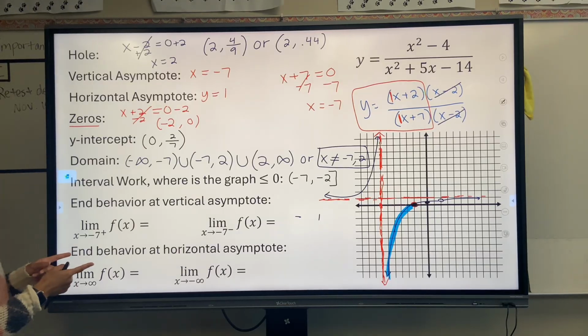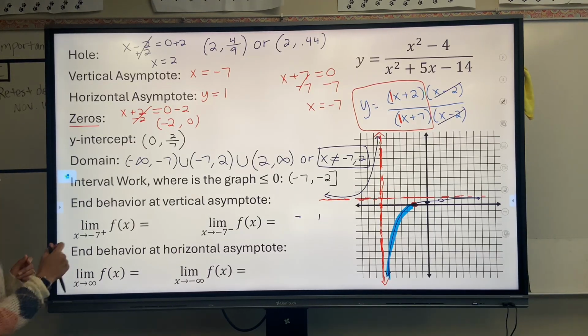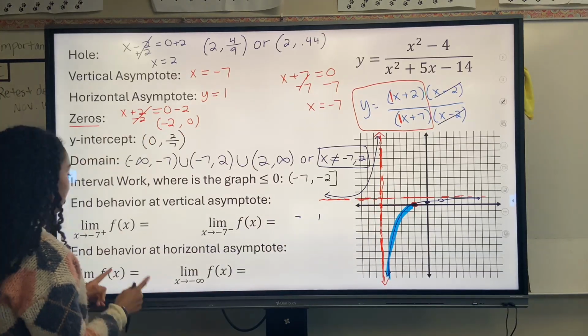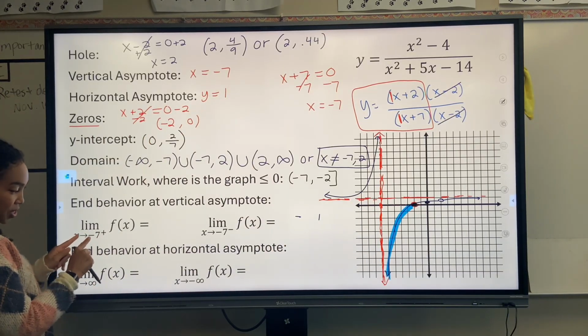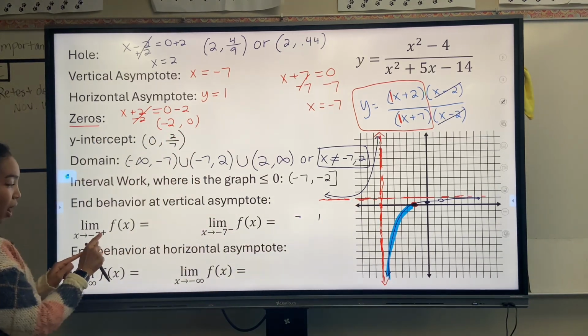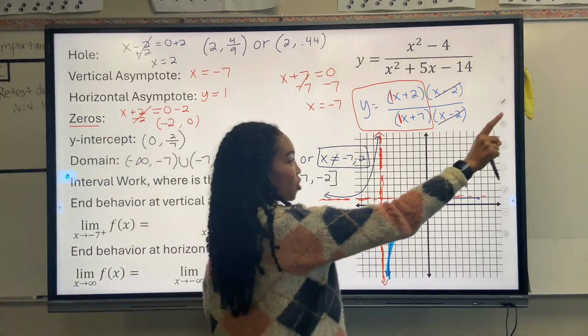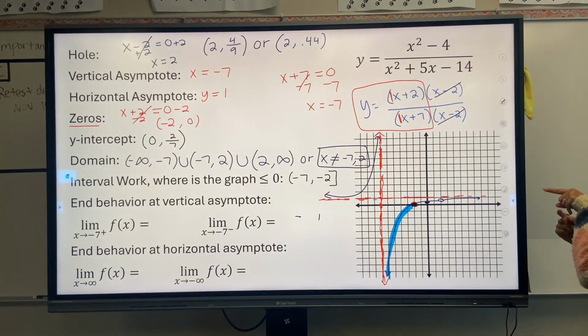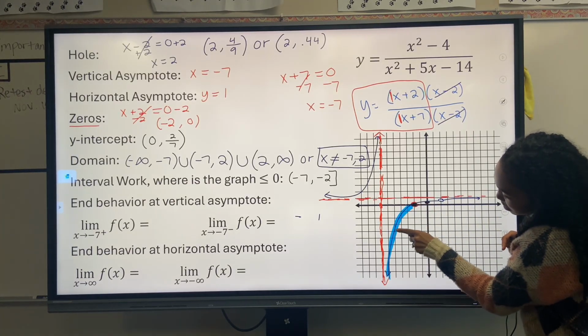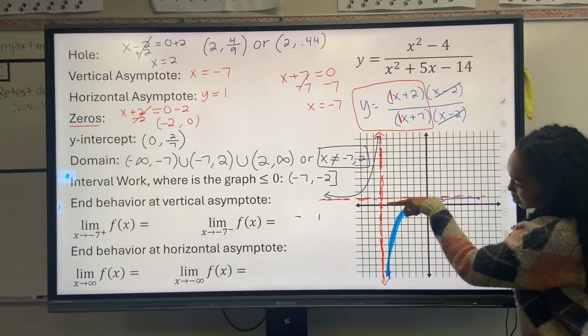Now let's talk about the end behavior of the vertical asymptote. So here's your vertical asymptote. As x approaches -7 from the positive side, starting on the positive side, I'm going towards the asymptote. It looks like the graph goes down as you go towards the asymptote.